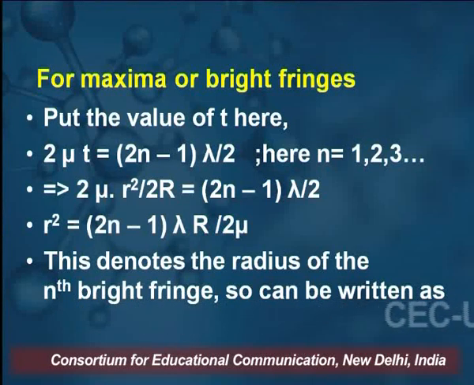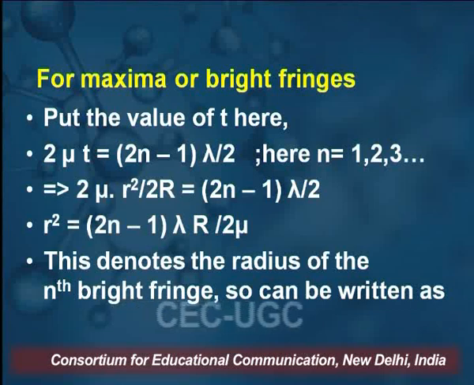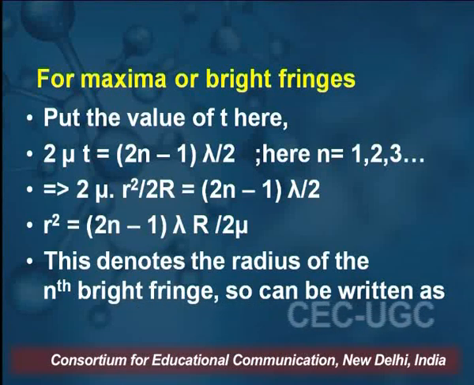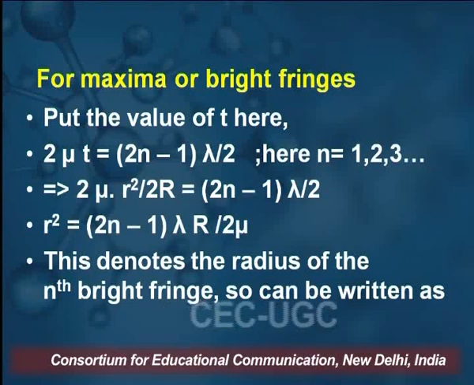We put the value of t, which is r square by 2R. So the next equation is 2 mu into r square by 2R is equal to (2n minus 1) lambda by 2, where n is 1, 2, 3.